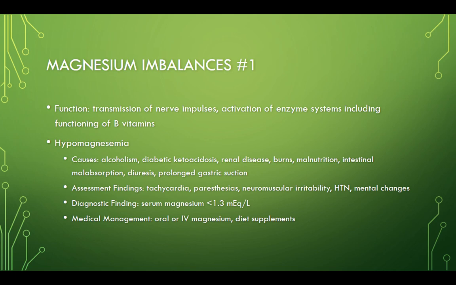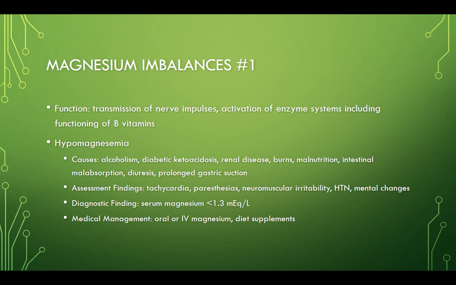So hypomagnesemia. That's a hard one for me to say. Magnesium is a function of transmission of nerve impulses and activation of enzyme systems, including functioning of vitamin B. Alcoholism is one of the causes, along with diabetic ketoacidosis, renal disease, burns, malnutrition, intestinal malabsorption, diuresis, and prolonged gastric suctioning.